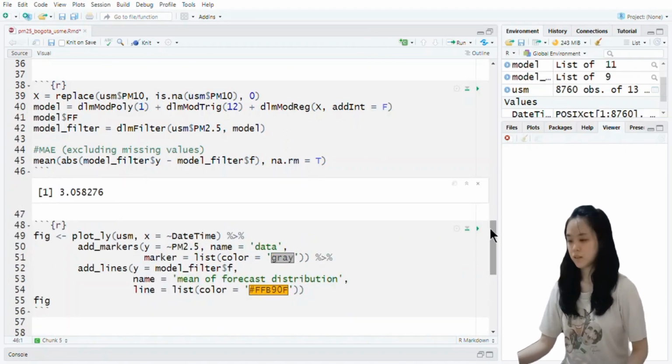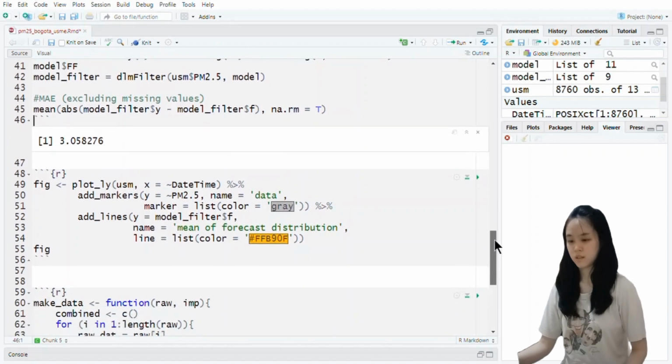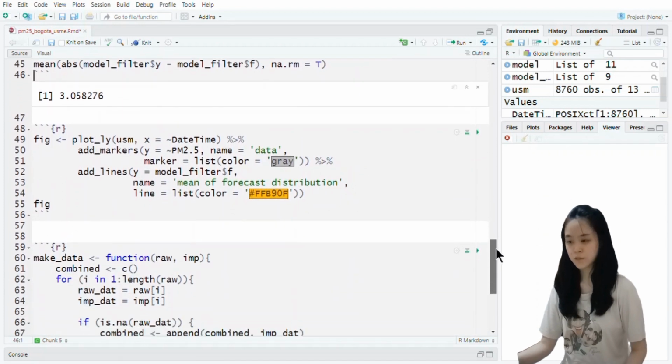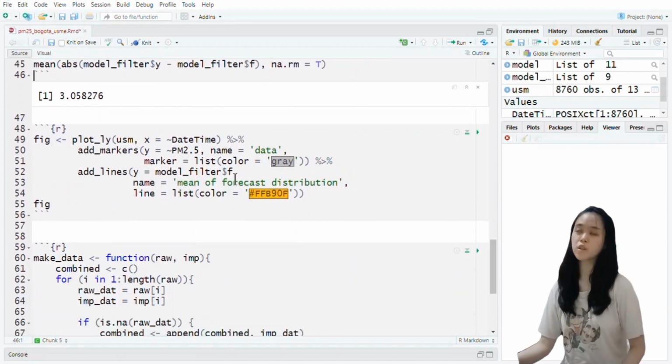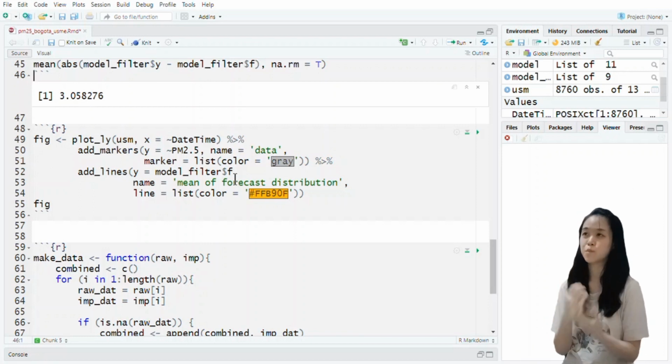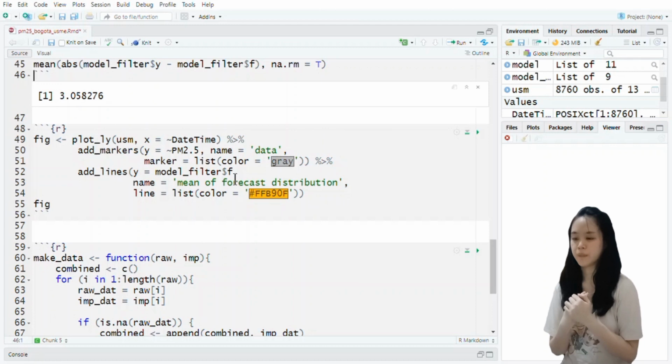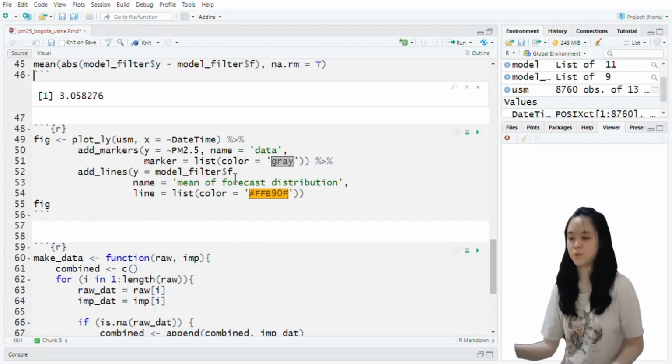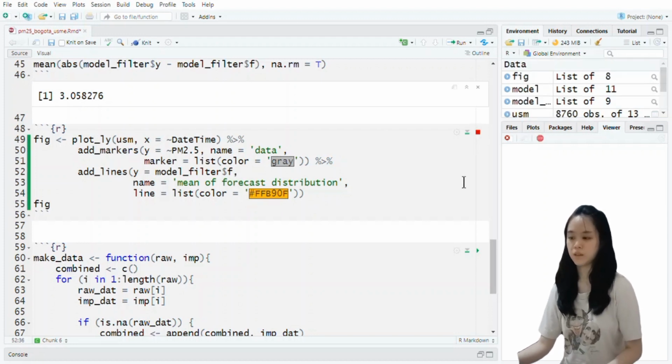Okay, now let's plot our forecasted value. It's actually not a forecast, but it's more precise to say that it's the mean of the forecast distribution. So we're going to plot the data and the mean of the forecast distribution.